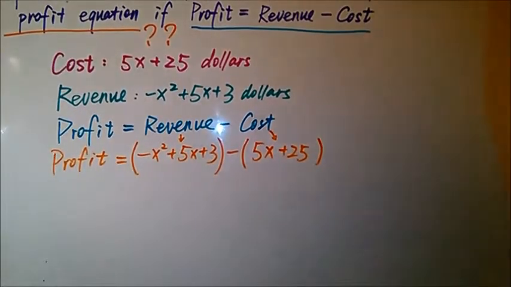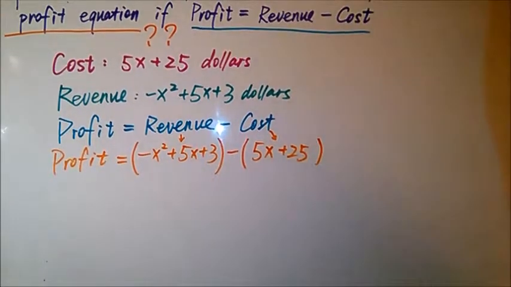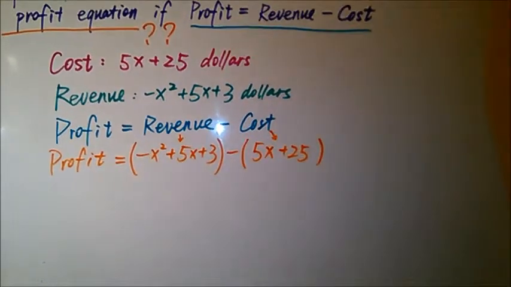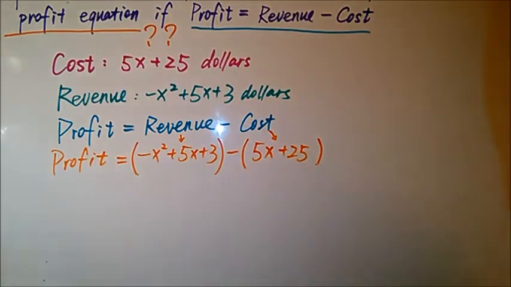Hey, guess what? This looks much easier than what we had before, doesn't it? Let's look at the left side of this profit equation. The negative x squared plus 5x plus 3 is inside the parentheses, and there's nothing inside that we can simplify.